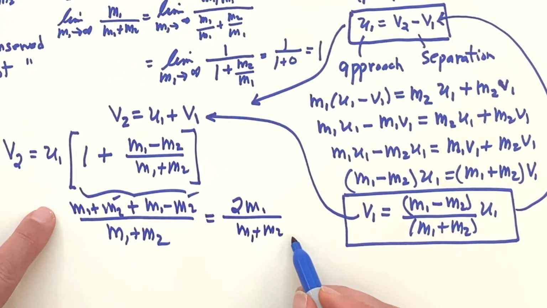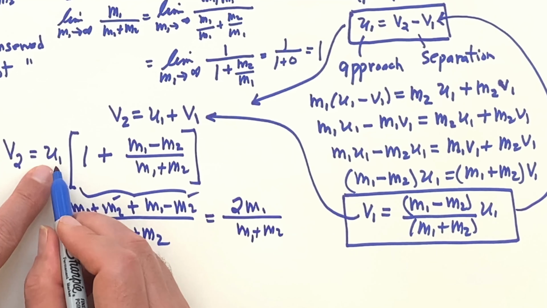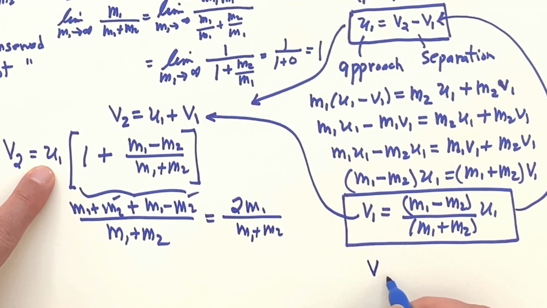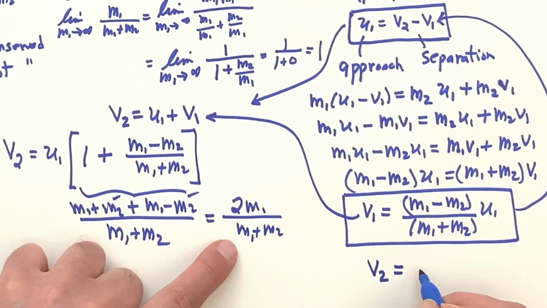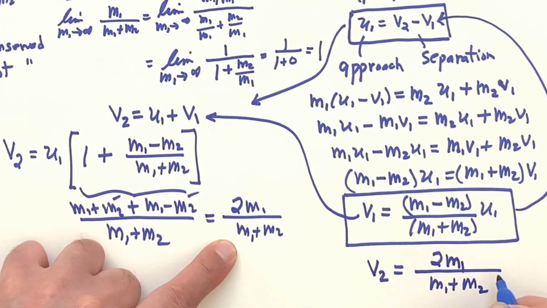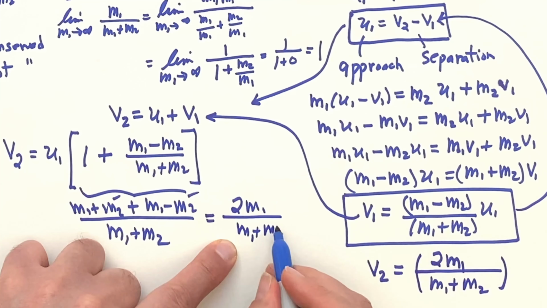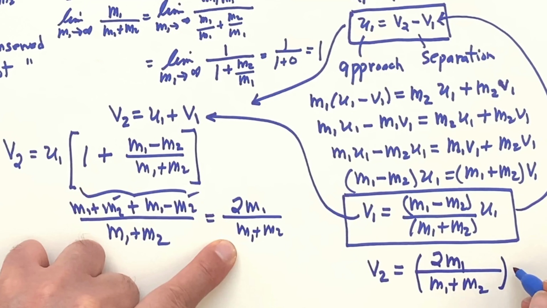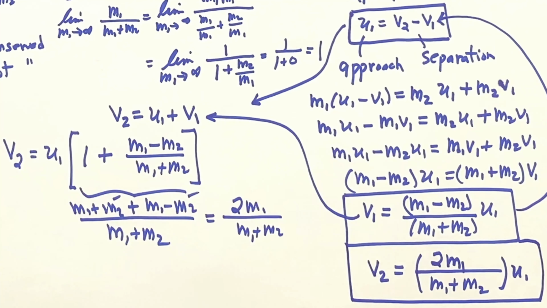So the equation, when you put the u1 in there for v2, you're going to get 2 m1 over m1 plus m2, and all that's going to be hitting the u1. That's it. They're the two equations.